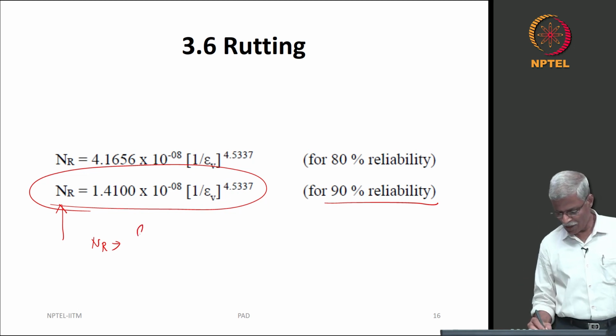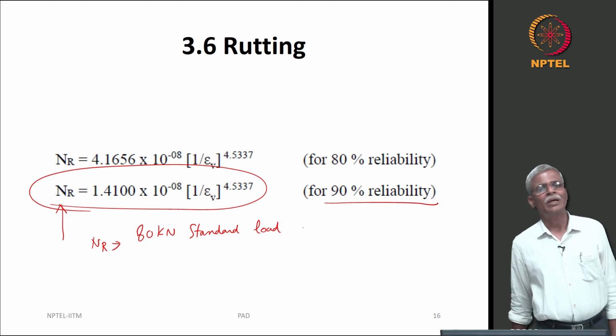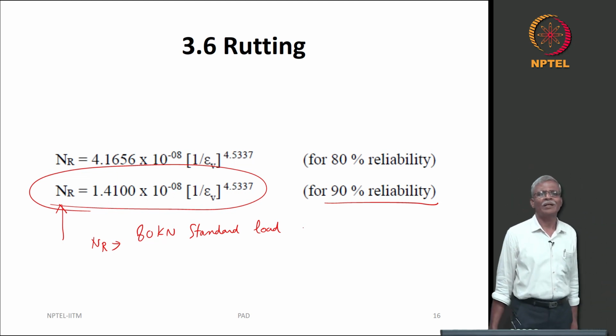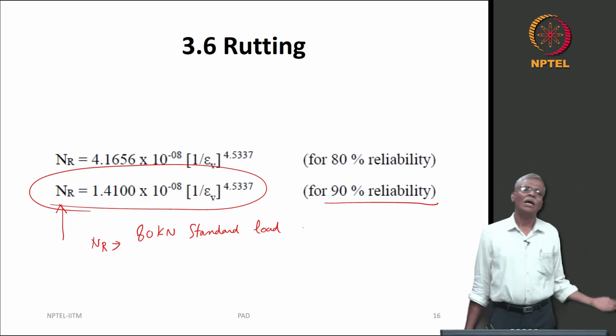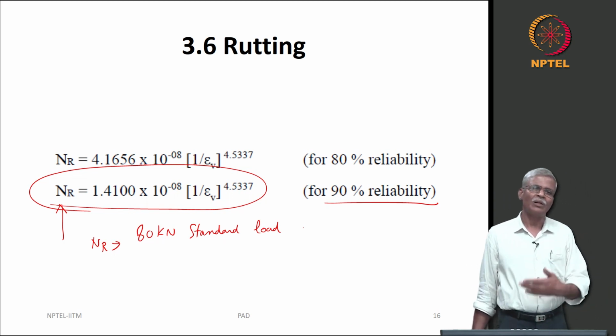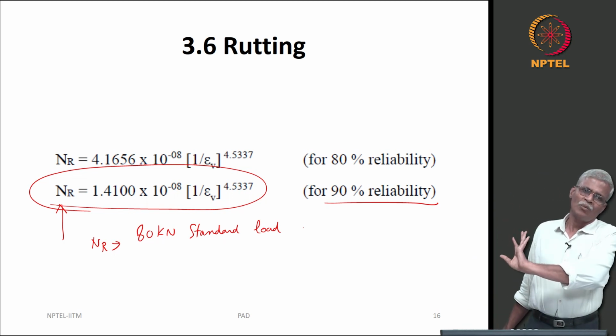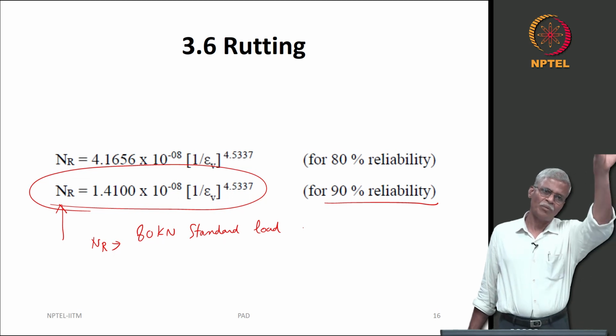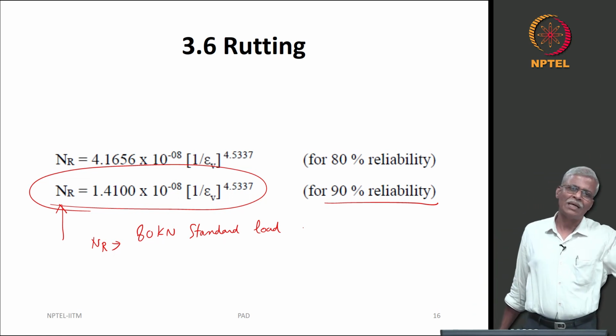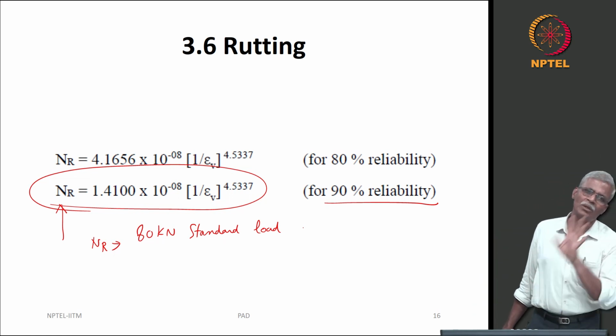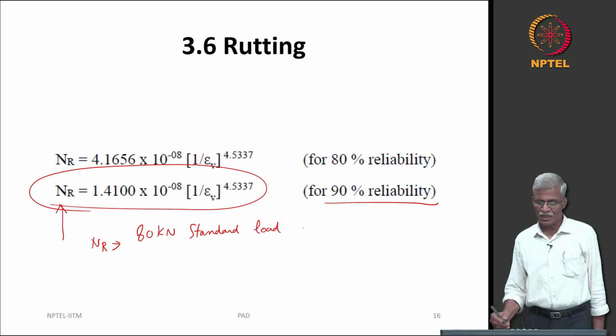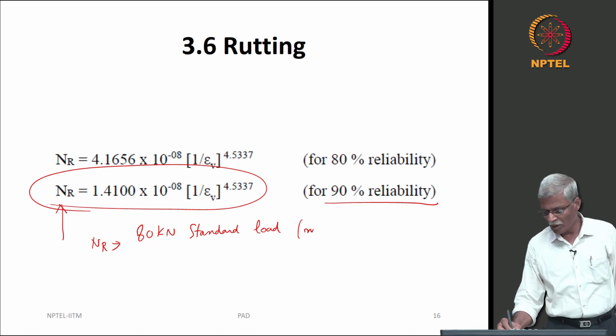They are going to say 80 kilonewton standard load, because now you know how to use vehicle damage factor, lane distribution factor, directional distribution factor, annual average daily truck traffic, and so forth, and bring out the broad spectrum in terms of the standard axle load, 80 kilonewton load, number of repetitions, and in fact you want this to be in millions.